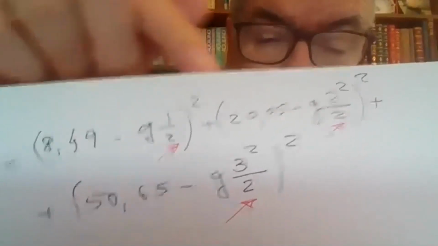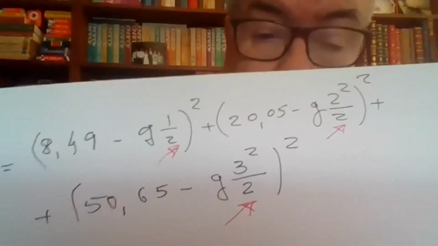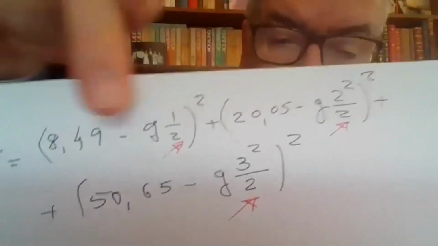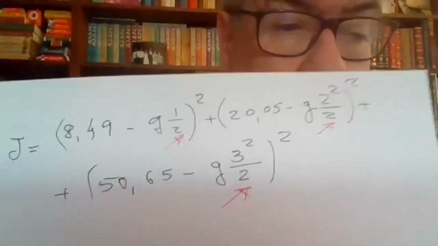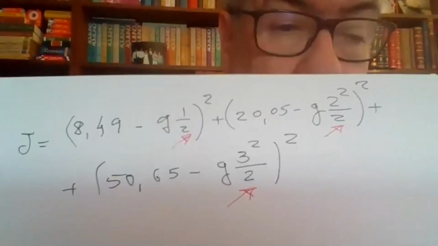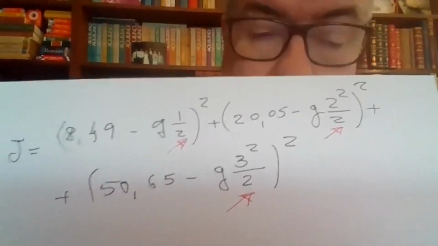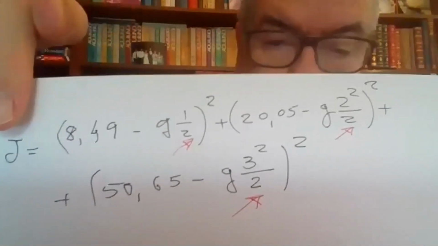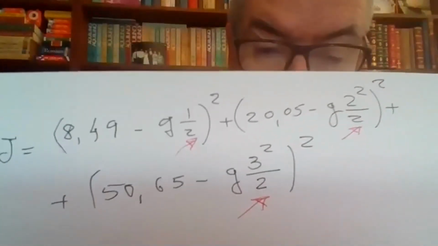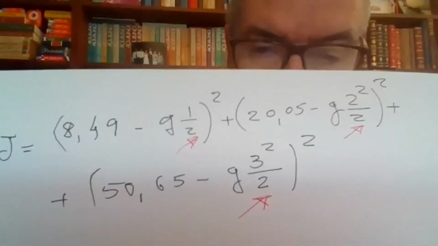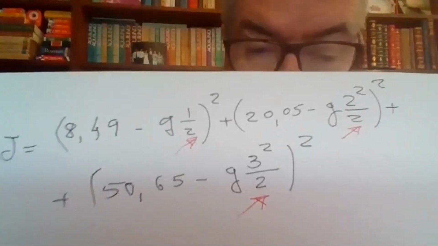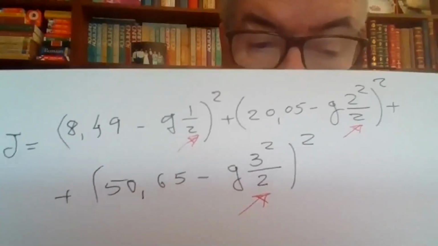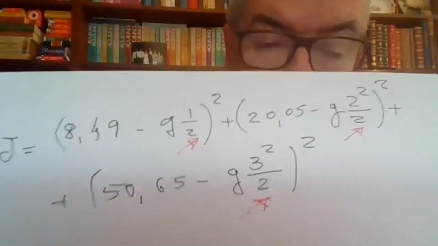But now I have several terms and I have to reconcile these. So I add more terms and I have the square of the deviations. I wrote it just for the first 3. Of course, in a real problem, sometimes you have thousands of data, so you have to use a computer. And so this is a quadratic function in g. And you then have to differentiate it and equate it to 0 to get the estimate for g, the least squares estimate for g.